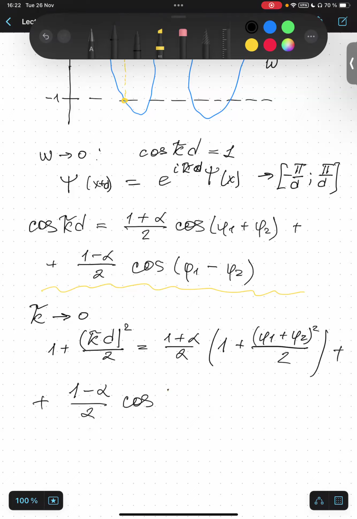Not cosine, sorry. One plus, one minus two.